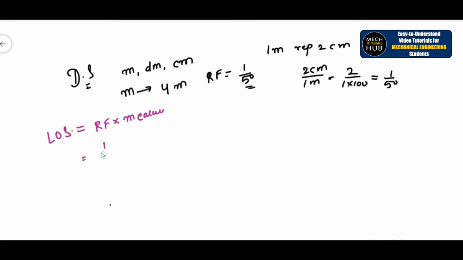This RF is 1/50 multiplied by the measure distance given, 4 meters, so that is 4 multiplied by, I want to convert into centimeters, so multiplied by 100. This 2 will be removed, then the remaining is 40/5, that is equal to 8 centimeters. Okay, again we got it as 8 centimeters. If you consider it as 6, then the value might be different. You may get up to a 12 centimeter line. Okay, so let us draw the diagonal scale.